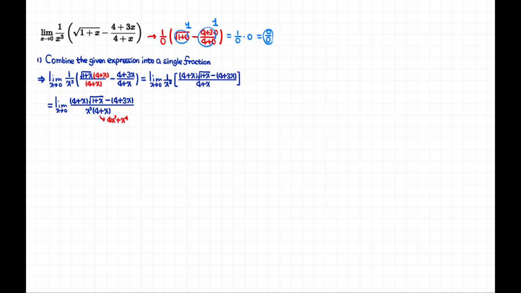So we have to multiply both the numerator and denominator by the conjugate, which is the square root of 1 plus x plus the fourth root of 4 plus 3x. Okay.